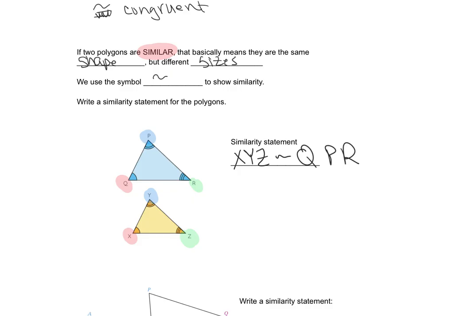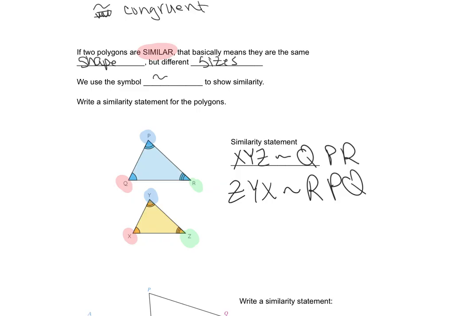Okay, that's not the only order. We could have gone ZYX. If I go ZYX is similar to, if I put Z first, green and green has to be R, and then Y and the blues, so then I would have P, and then my pinks are X and Q. So there's a lot of different ways that you can write it, just as long as those corresponding parts are in the same spot.